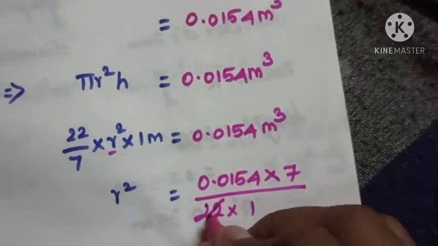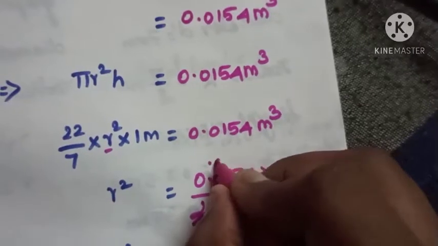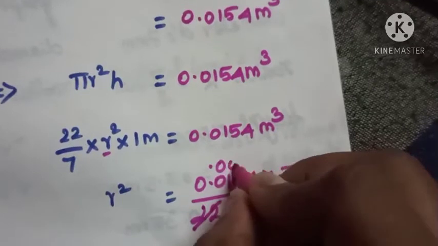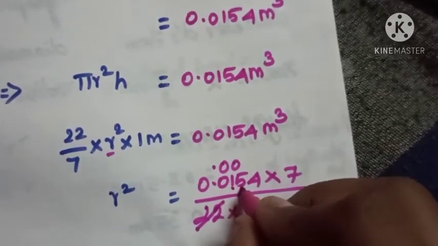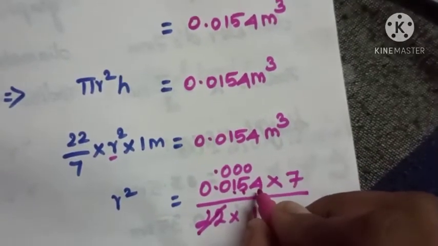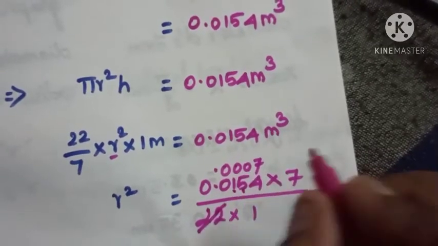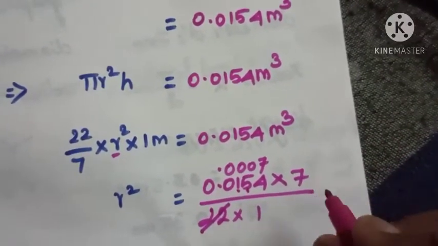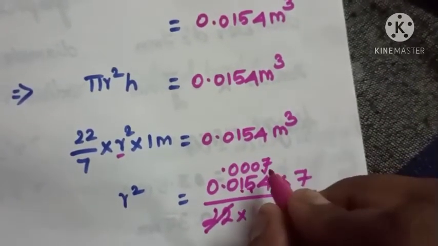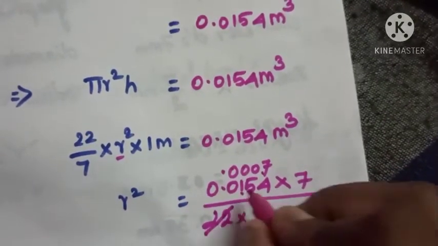Now 22 ones are 22, and we need to put a decimal. Take 1 zero, 1 is not possible, so take another zero. 15 is also not possible, so take another zero. The answer seems to be 7 times, so 0.0007. Now 7 sevens are 49, 9 and remaining 4. 7 zeros are 0, and then 7 zeros are 0.